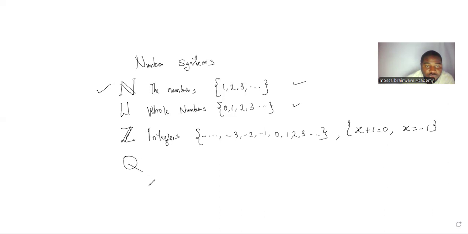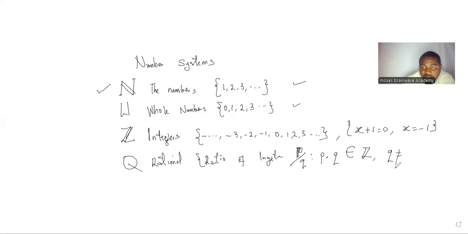Now, subsequently, we'll move to the set of rational numbers. What are rational numbers? Any number you can represent as a ratio of integers, so the numbers can be negative or positive. P upon Q, where both P and Q are elements of the set of integers, provided that Q is not equal to 0.